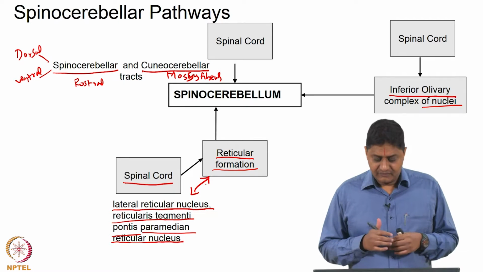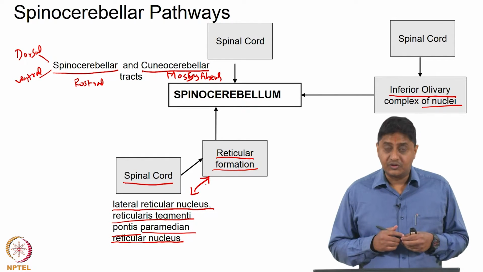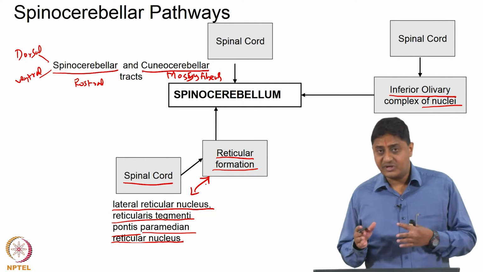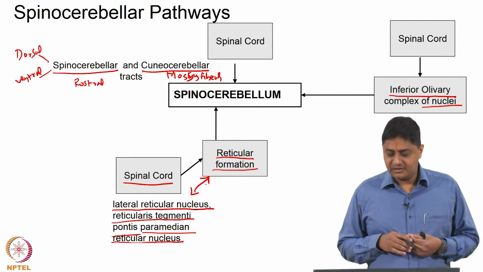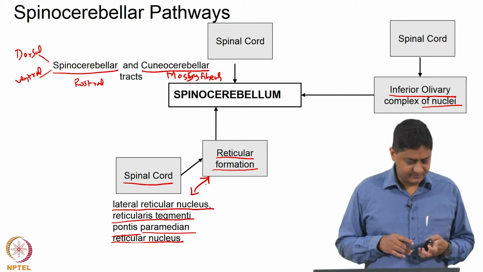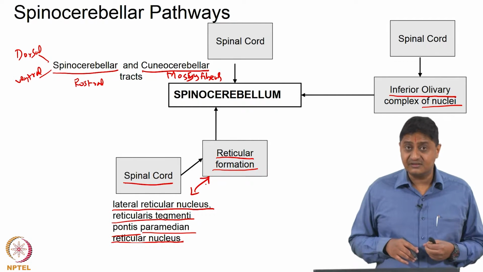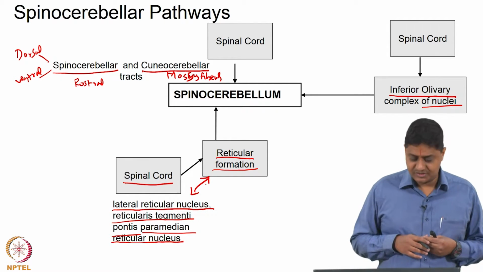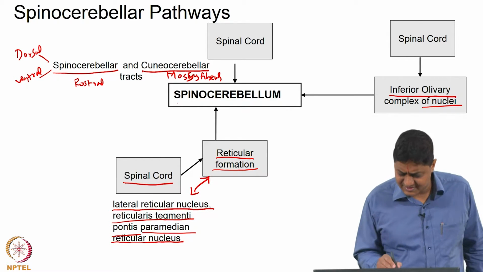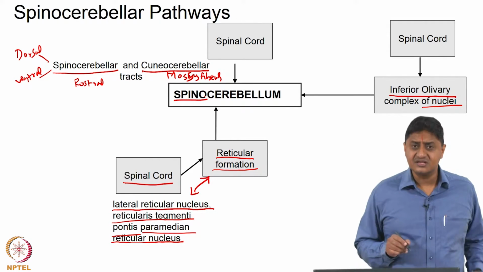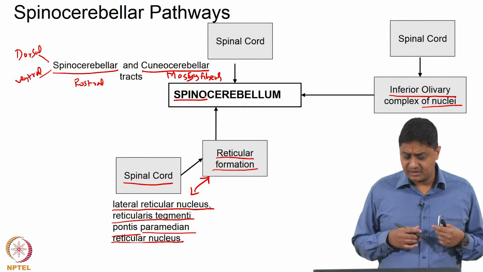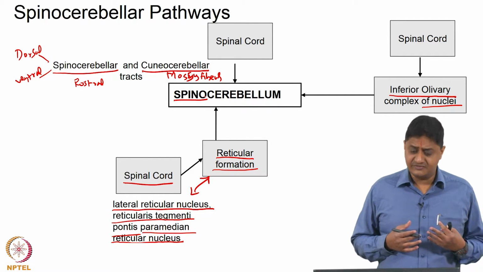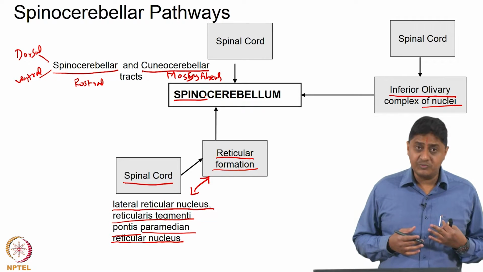And via the reticular formation, from the spinal cord to the reticular formation and from the reticular formation to the spinocerebellum, and via the inferior olive. So, these are the various inputs to the spinocerebellum. There is a reason why this is called the spinocerebellum, right, because it receives information from the spinal cord and processes this information and probably outputs to the spinal cord.